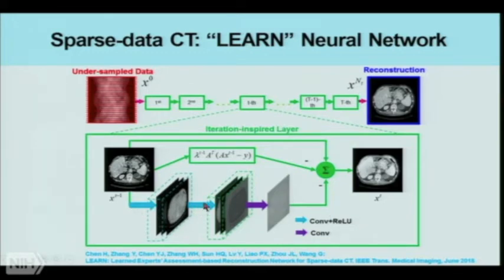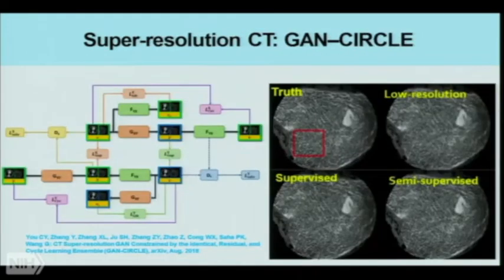Any model mismatch not explained by the regular formulation will be learned through training. So this is something very adaptive, and it gave good reconstruction results for a full field of view, but similar ideas could be applied for interior tomography and limited angle. So we are trying all different things.